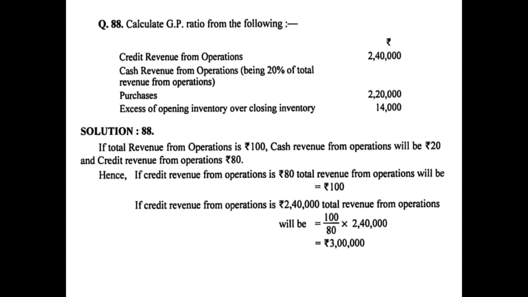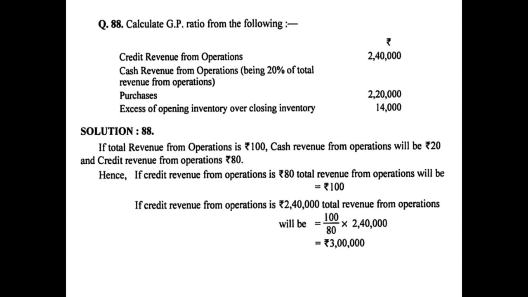As you remember, the gross profit ratio is equal to gross profit upon revenue from operations into 100. Now, the information which is given to you is credit revenue from operations 2,40,000. Cash revenue from operations is 20% of total revenue from operations. So, if 100% is the total revenue from operation and 20% is cash, that means credit is 80%.